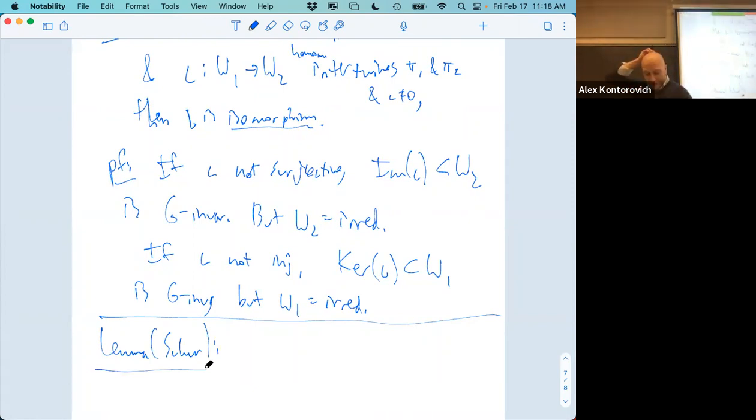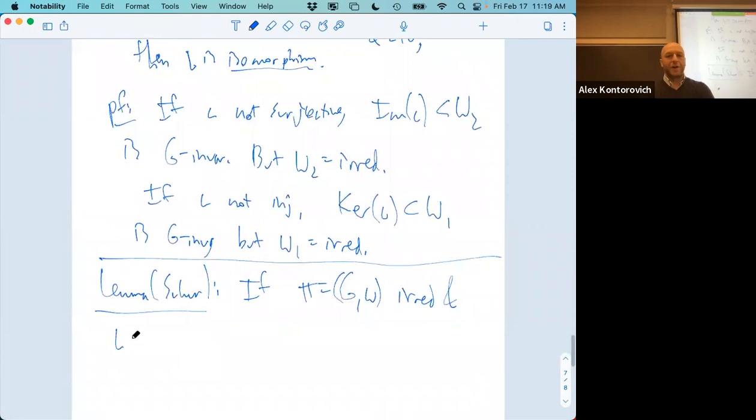If I have a non-zero intertwining isomorphism, if pi G W is irreducible and iota is a map from V to V, that's an intertwiner, intertwining and non-zero.